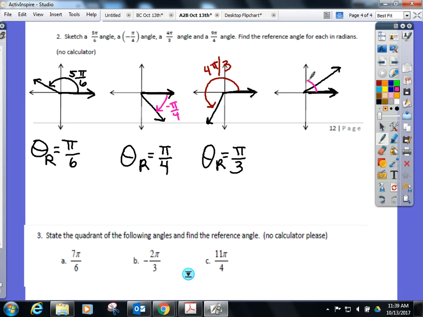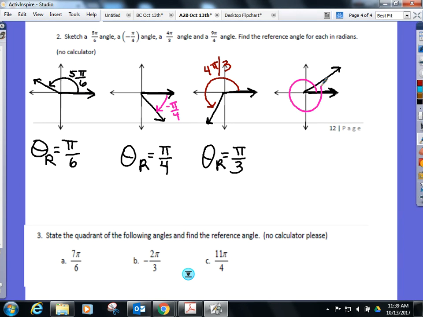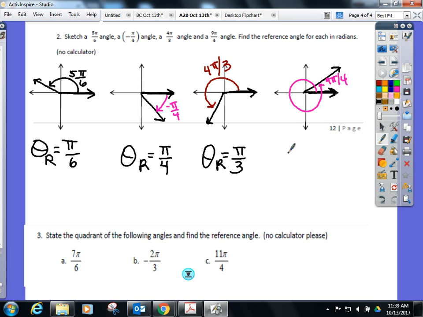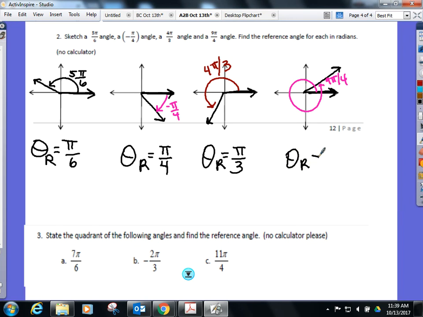Just make sure when we do this, pinwheel. Cooper, reference angle is still going to be what? Pi over 4, yep. Just a multiple of pi over 4.